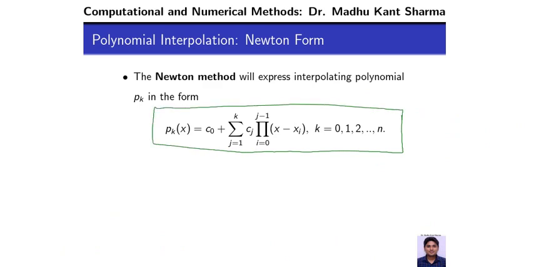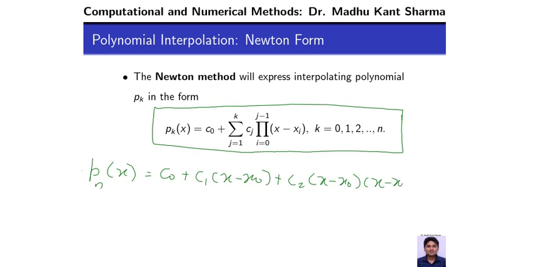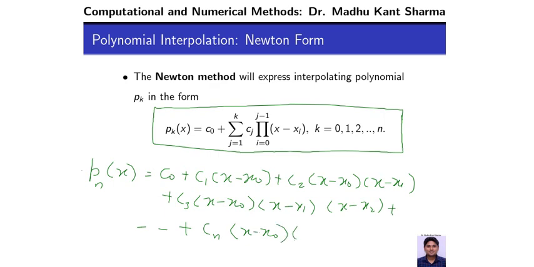Recall that Pn of x, the Newton form, is C0 plus C1 times x minus x0, plus C2 times x minus x0 times x minus x1, plus C3 times x minus x0, x minus x1, x minus x2, and so on, plus Cn times x minus x0, x minus x1, and so on, up to x minus xn minus 1.